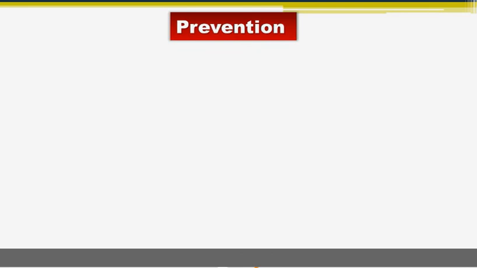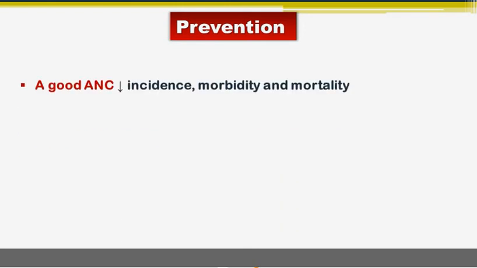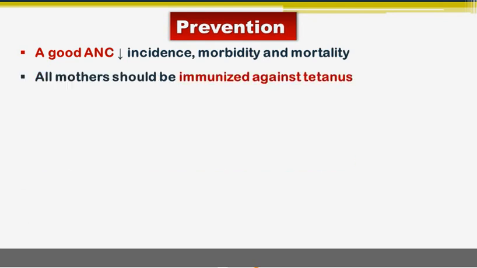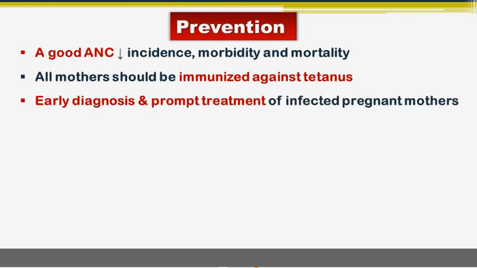Now, we reach the end of our lecture, and we are talking about prevention. From the objectives, we say how we participate in prevention of neonatal sepsis. Firstly is good antenatal care, because good antenatal care will decrease the incidence, the morbidity, and the mortality. All mothers should be immunized against tetanus, because it's very important. That's why I usually ask about the tetanus toxoid during the prenatal history.